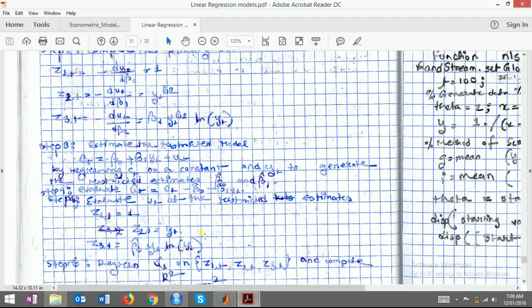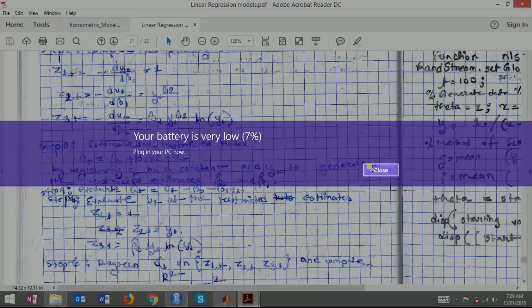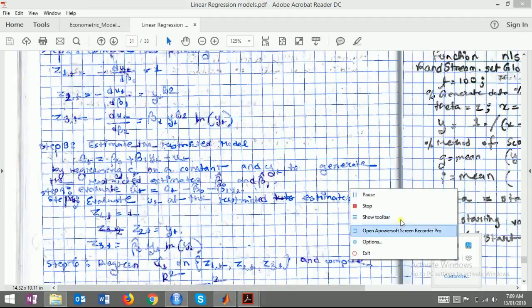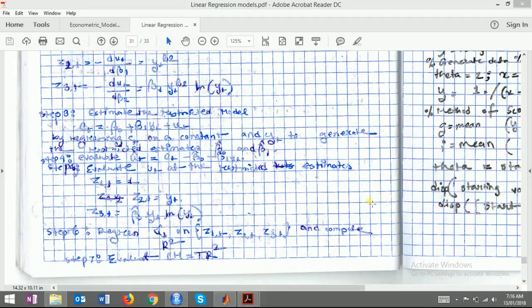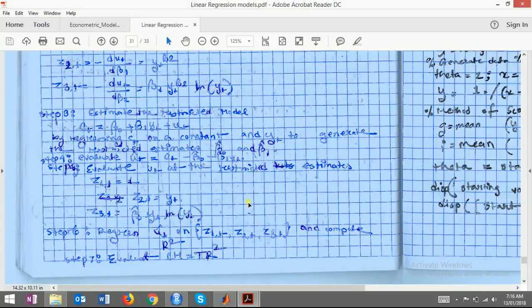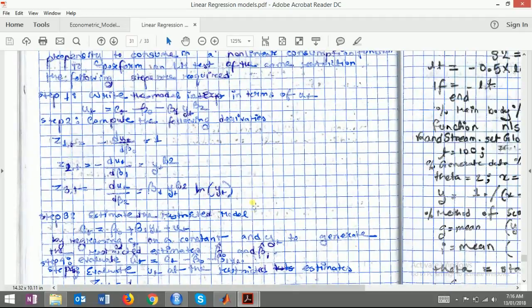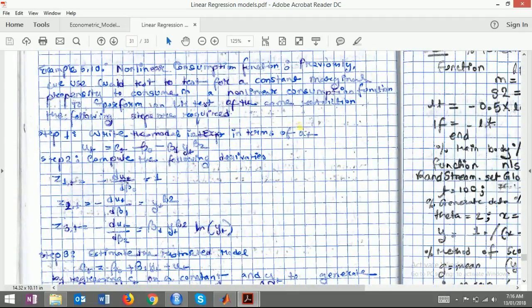That will give me the estimated parameters beta naught hat and beta 1 hat. I'll put in those estimated parameters so that I can get the residual U_T. This is the process that we will do.